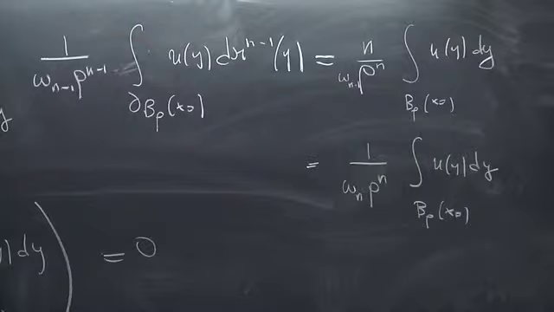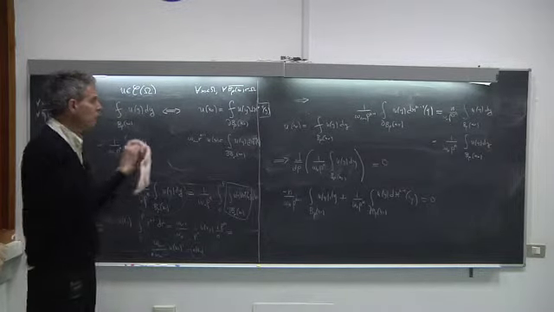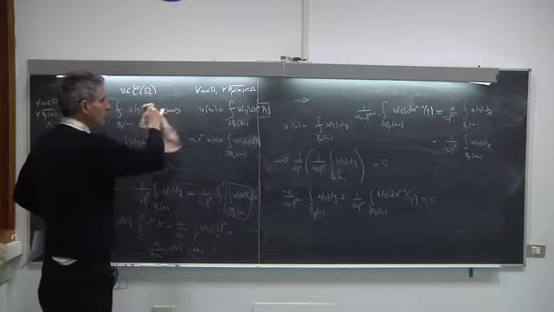Okay, so it is interesting to have at our disposal, therefore, two possible mean value properties. For continuous functions, this is equivalent to this.